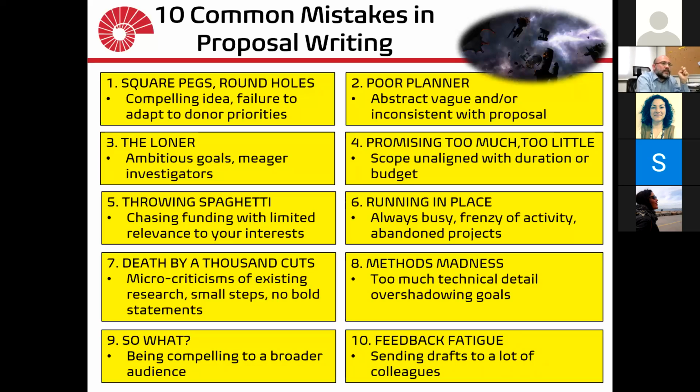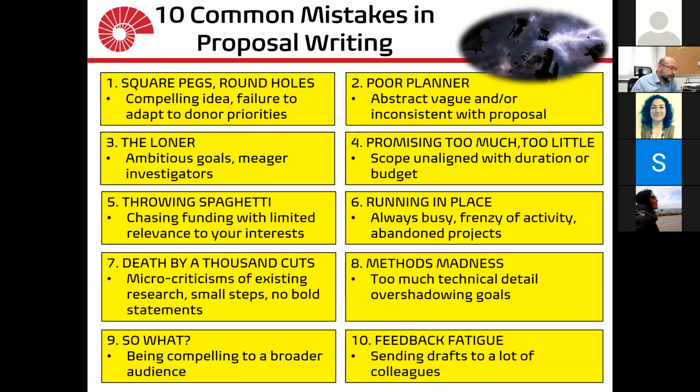If you send it to a lot of colleagues, some of them might be your mentors, of course, more senior researchers, but you have to limit the feedback before submission, because you can then be all over the place, trying to correct some of the things that one person is saying, but correcting that might be going against another thing that another person is saying.